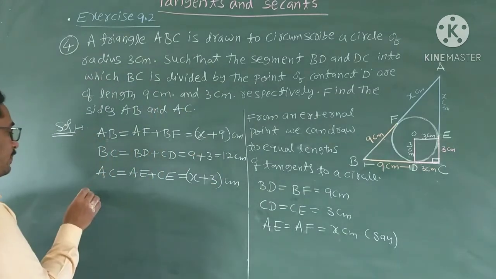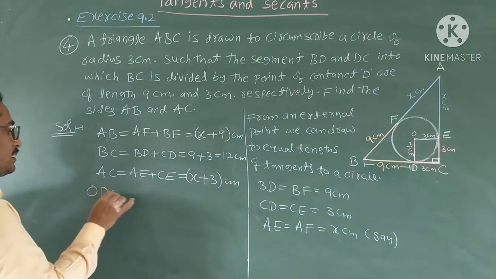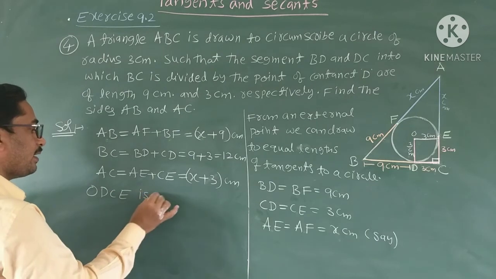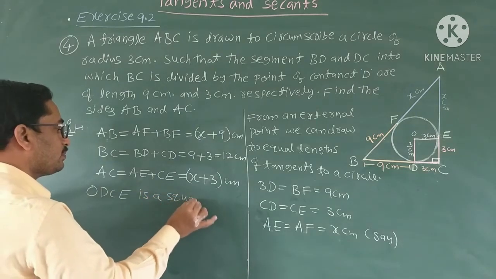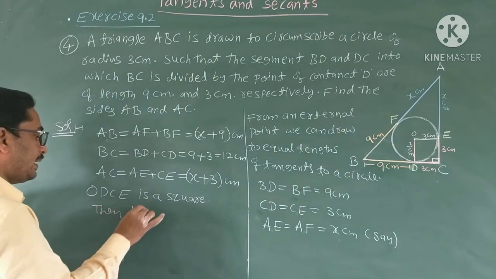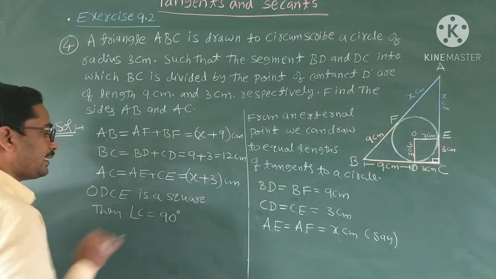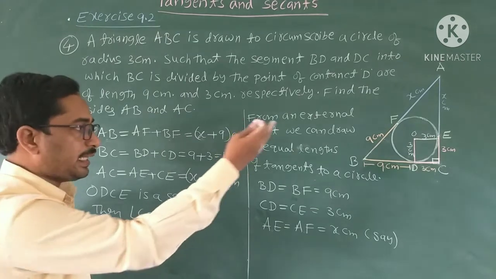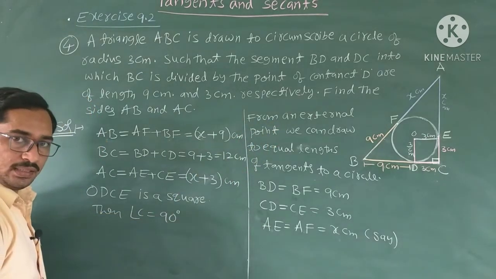So here see, ODCE is a square, then angle at C is equal to 90 degrees. If it is a square, then automatically angle at C equal to 90 degrees.